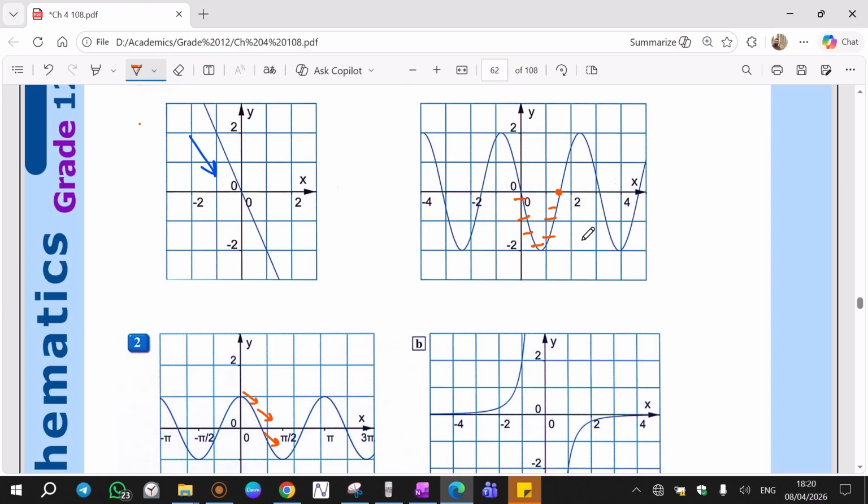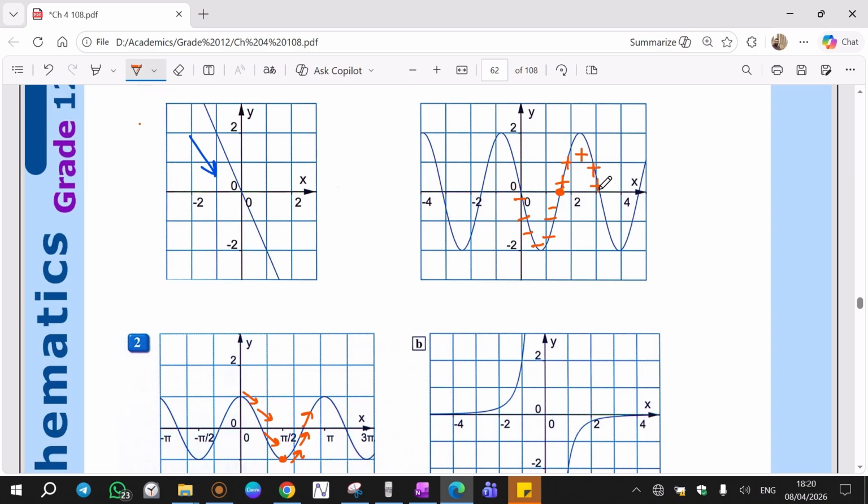In the exam, the graph will be much clearer than this. After the decrease, there is minimum. Minimum on f makes f prime 0. Makes f prime x-intercept. After the minimum, there is increase, and increase on f makes f prime positive.